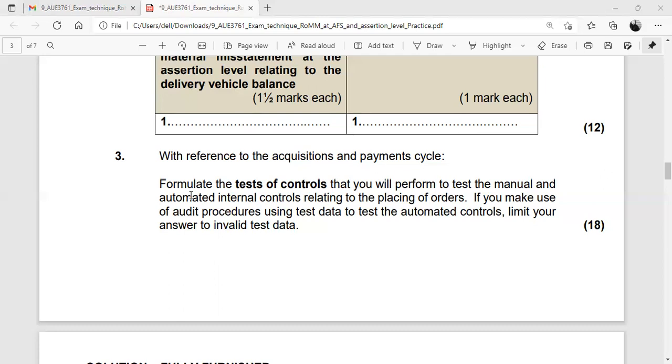Yes. So when you test a control, you test for validity. When we talk about validity, we are talking about little things like a signature. So if there's supposed to be a sale, someone has to sign that there has been a sale. There must be a clerk who will process the sale in the system.